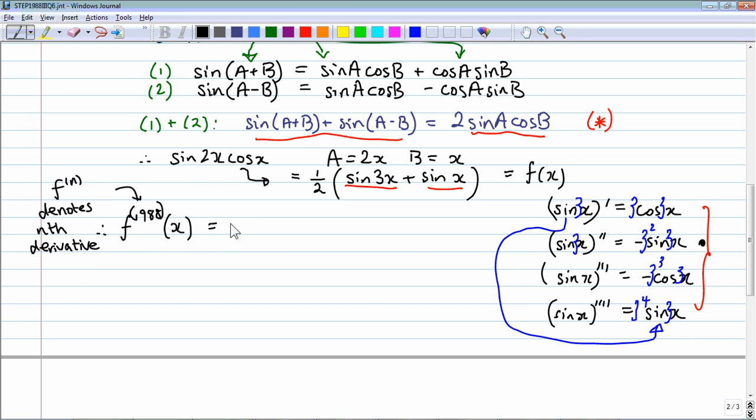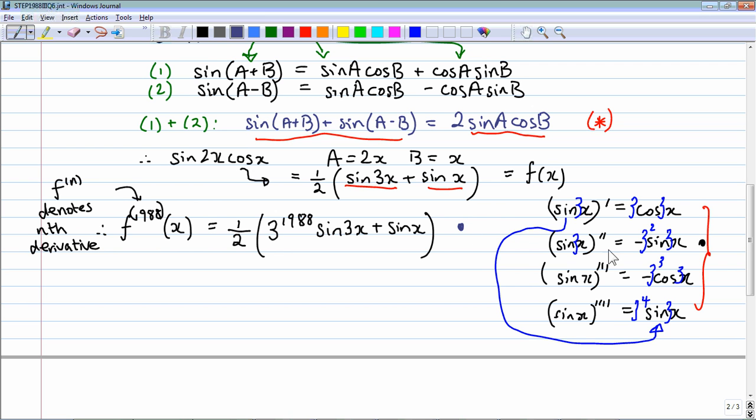So the 1988th derivative, because 1988 is a multiple of 4, will be exactly the same as f of x, except for one detail, which is that we will get the 1988th power of 3 in front of the term sine 3x, and the sine x will be exactly the same, again, for the same reason. Okay, so this is the answer to the first part of the question, isn't it?